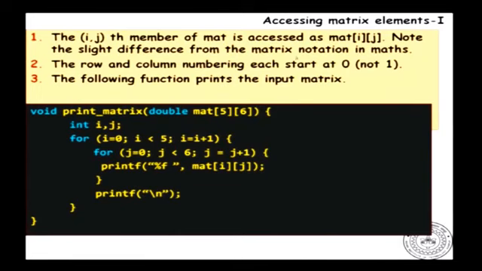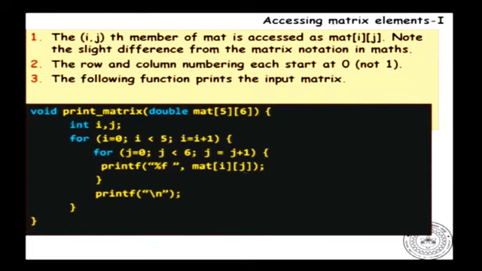Now, we have just mentioned that the ijth element in the matrix is accessed as mat[i][j], i in square bracket and j in square bracket. Therefore, you will say printf %f followed by a space, mat[i][j]. So, this will take the entry in the ith row, jth column.